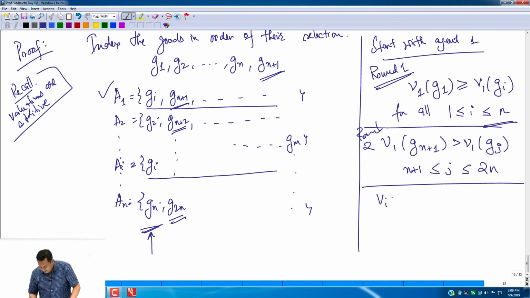So focusing on agent 1, V1 of A1 is at least V1 of Ai for all agents i.